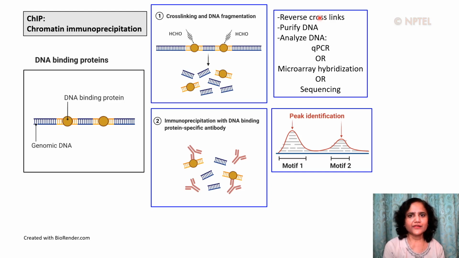Then the crosslinks are reversed and the DNA is purified, and this DNA, which co-IP'd with your chromosomal protein, can be analyzed by a number of methods such as qPCR, microarray hybridization, or even next generation sequencing. The DNA sequences found to be enriched in the immunoprecipitates represent the binding sites of the DNA binding protein of interest in vivo.